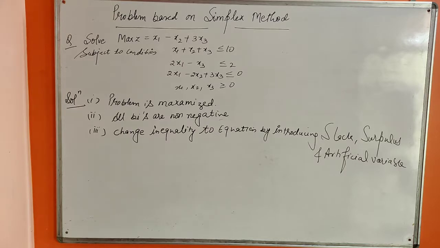When there is greater than or equal to, we subtract a surplus variable and add an artificial variable. And if there is an equals sign, then we add only an artificial variable. The artificial variable is added only when there is no unit matrix in the table.